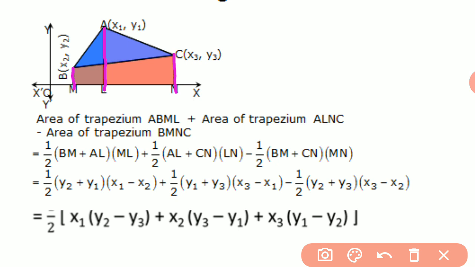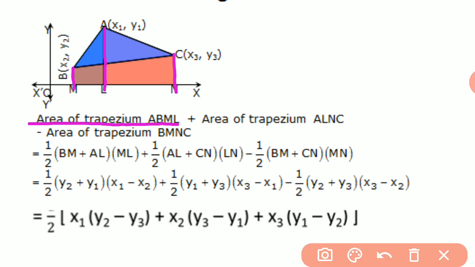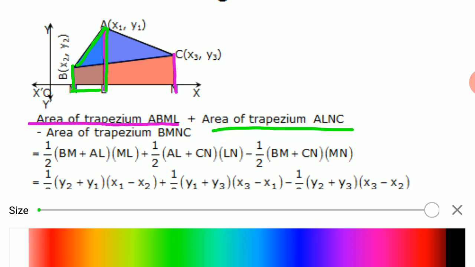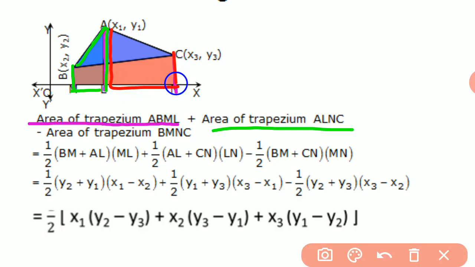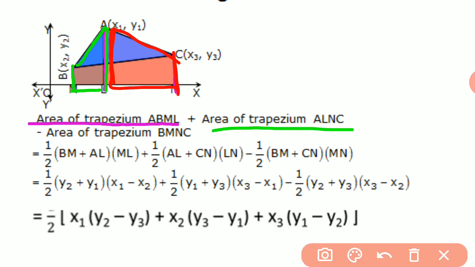Then area of triangle ABC equals the area of this trapezium plus the area of the second trapezium, this one, which is also a trapezium because these two lines are parallel, and then subtract the last one, which is also a trapezium.